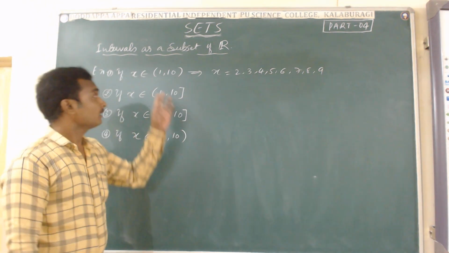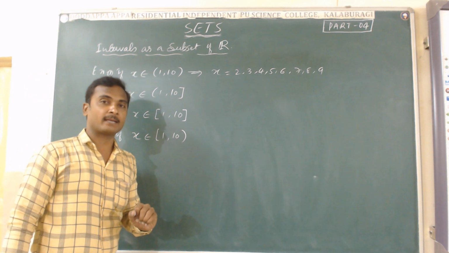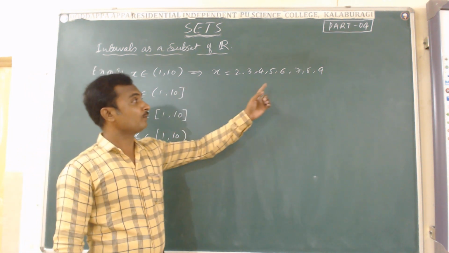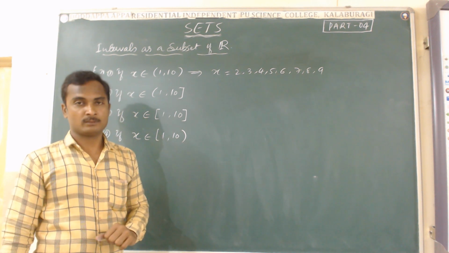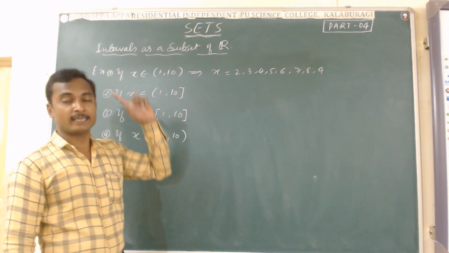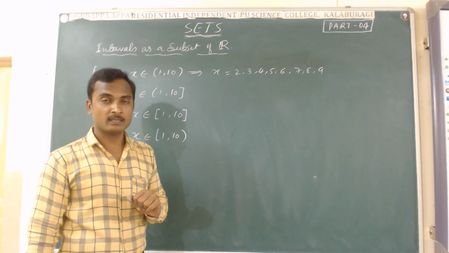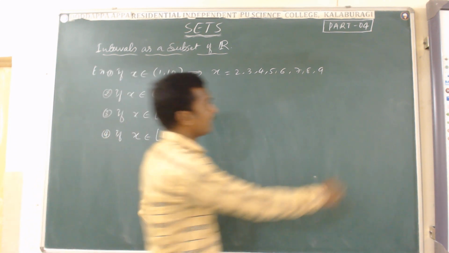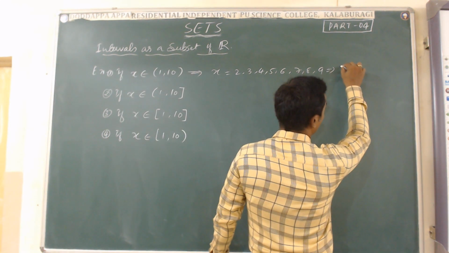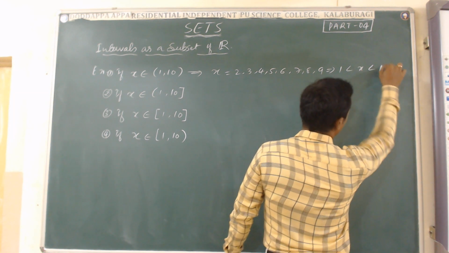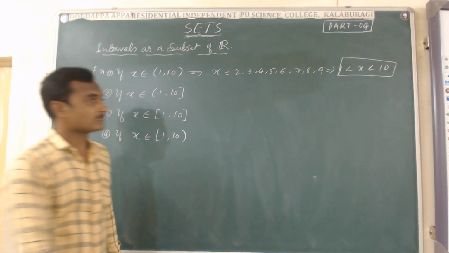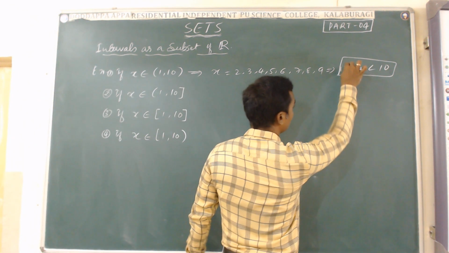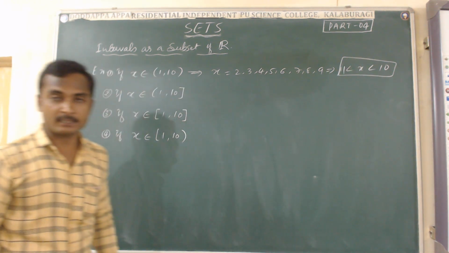Observe this carefully. x may hold 2 to 9, but not 1 and not 10, because the end numbers are excluded. In the interval form, I can say that 1 is less than x is less than 10.